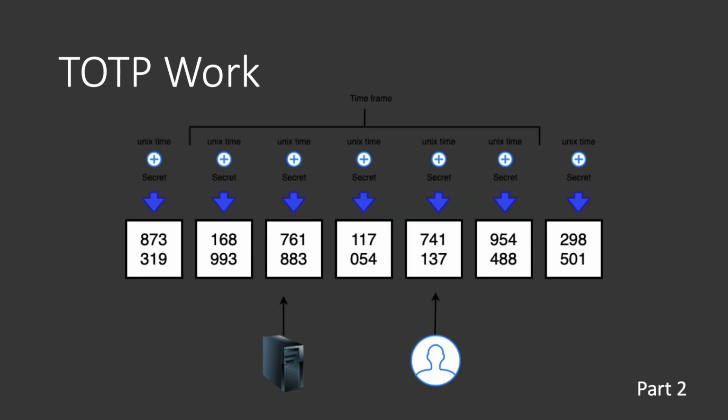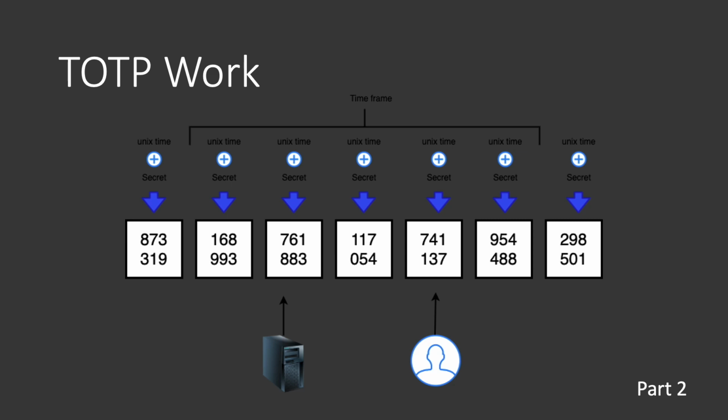So let's take this for example. We can see here we have a time frame, which is basically a few minutes from the code generation. And we have a server which is, for example, 30 seconds behind, and my application, or my phone, which is generating the code for me, is 30 seconds ahead.